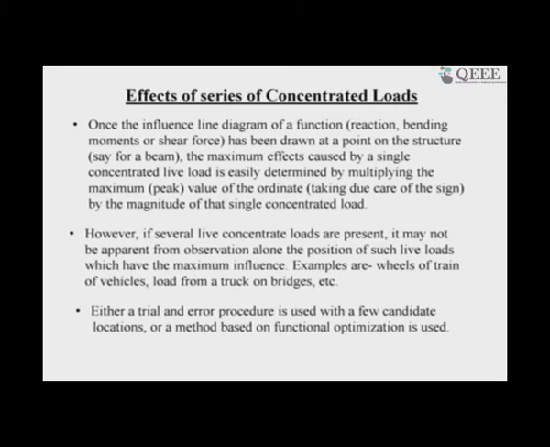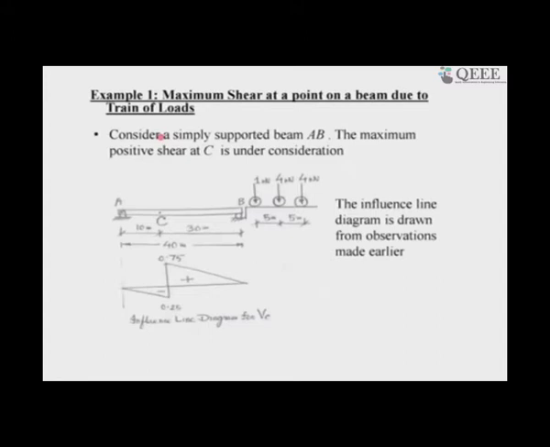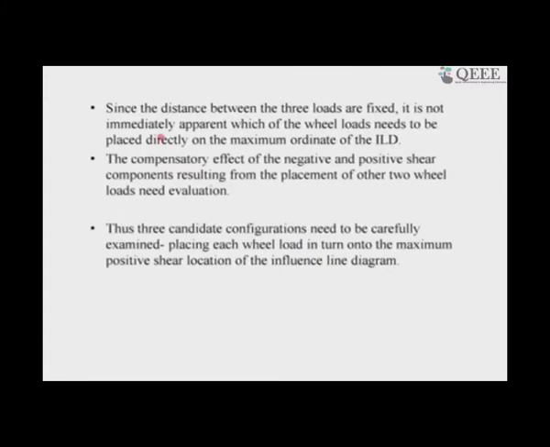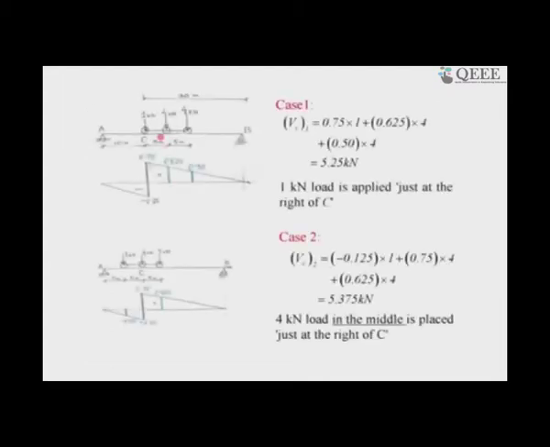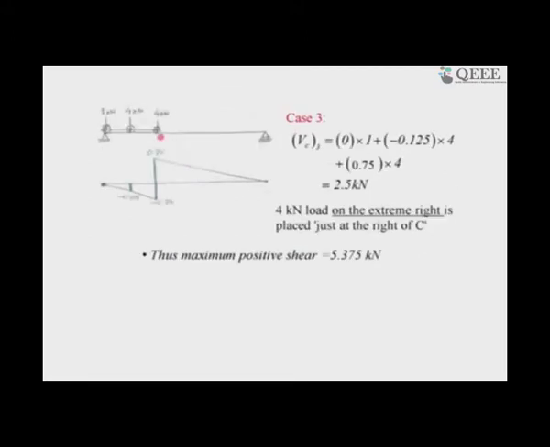We have taken 3 concentrated loads as an example from Professor Hibbeler's book, and then we have seen how to determine the maximum shear at a point. There are several possibilities we need to explore and then finalize, or else we need to observe the functional changes, and when the changes become negative, we understand the earlier one was better.